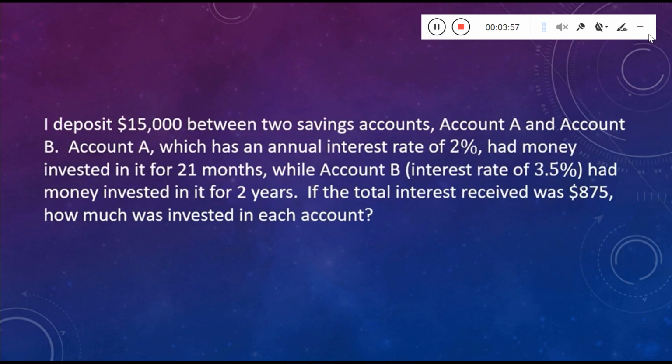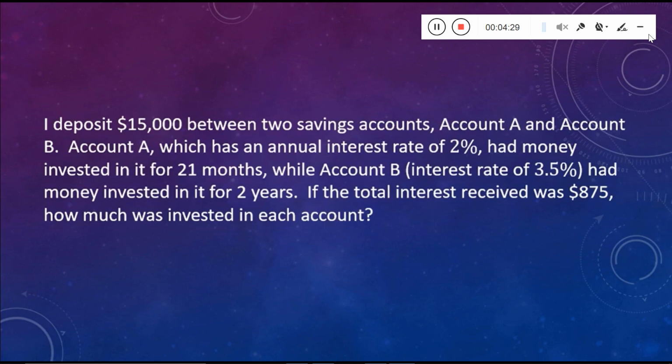But here's more of a challenging use of these linear equations. Suppose I deposit $15,000 between two savings accounts, account A and account B. Account A has an annual interest rate of 2%, and I let the money sit in there for 21 months. However much money I put in, I let it sit in there for 21 months.